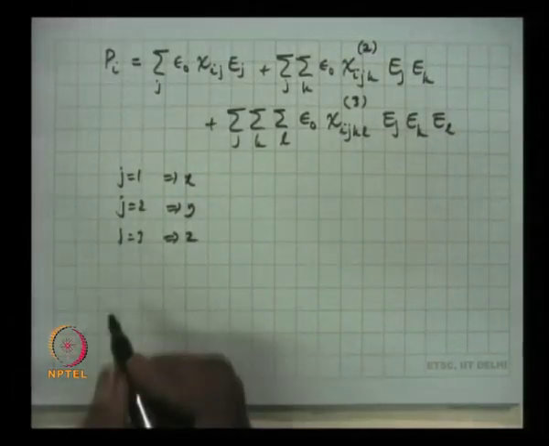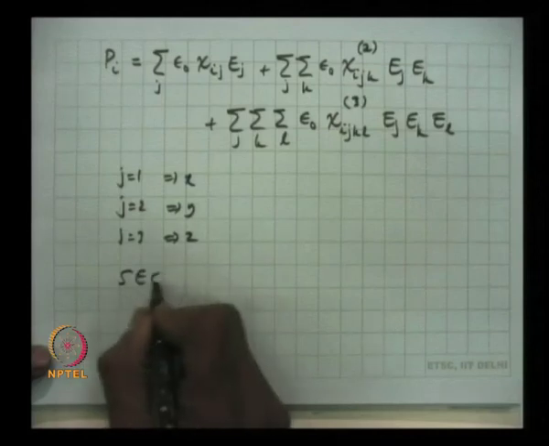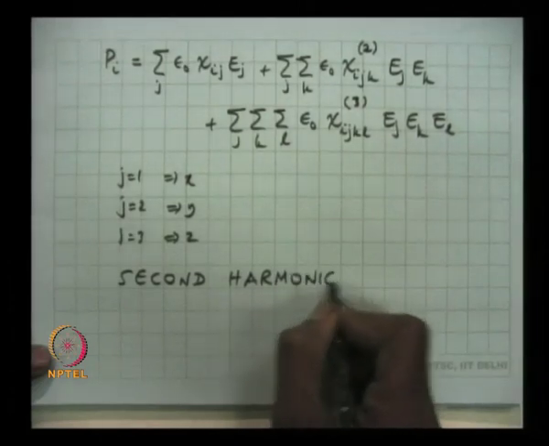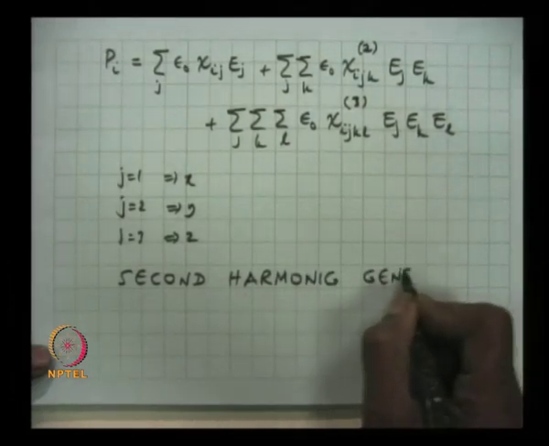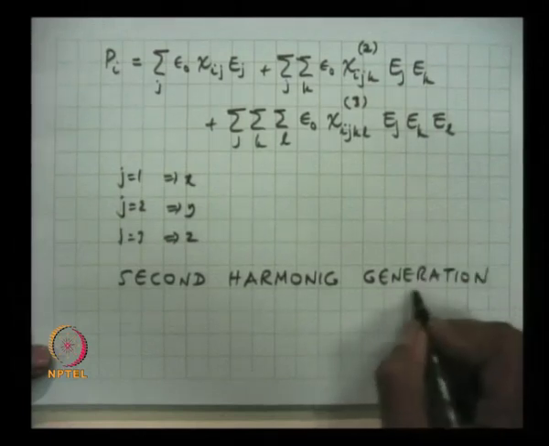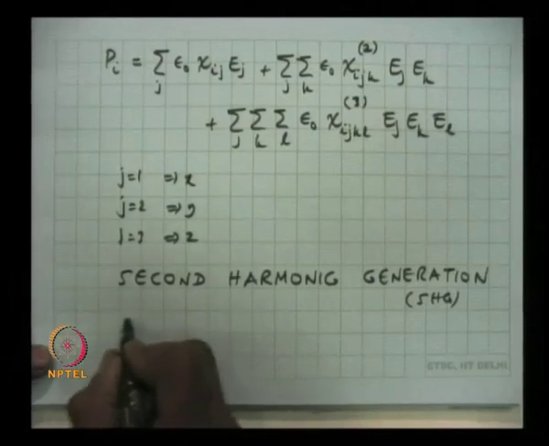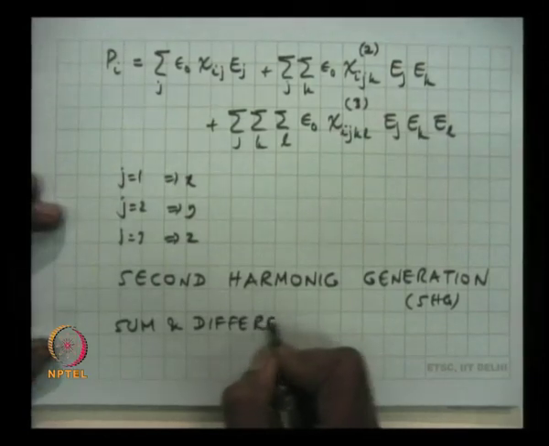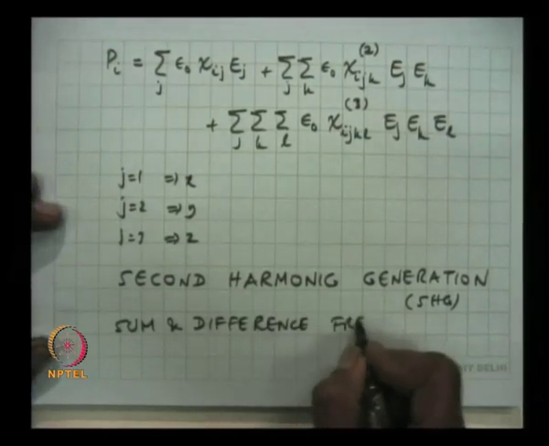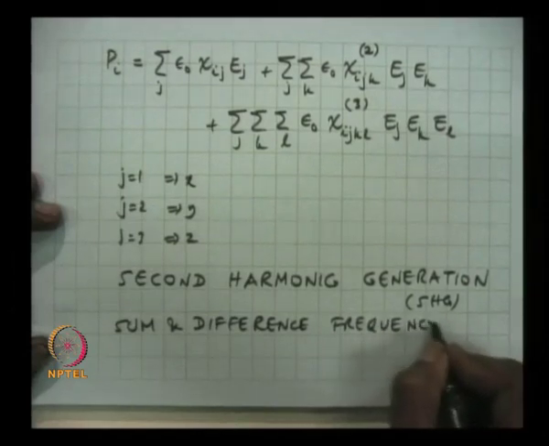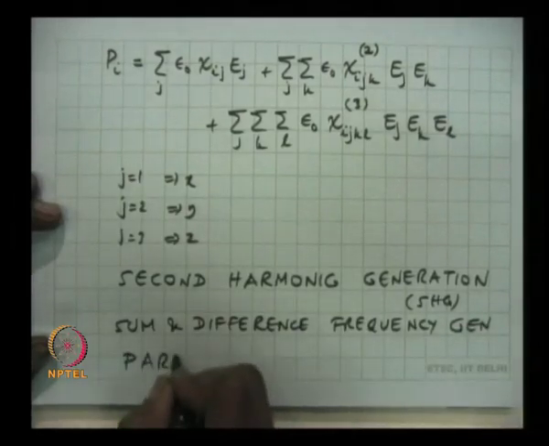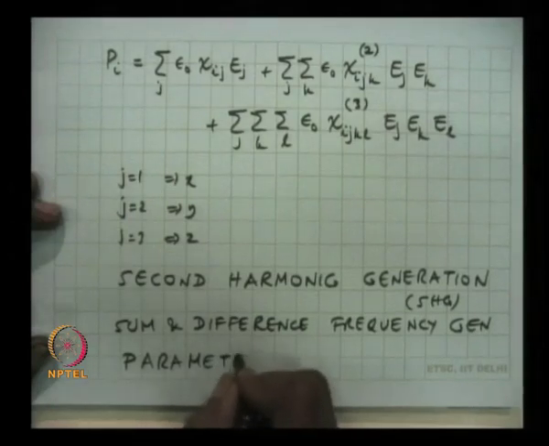So, second order effects are what we will discuss first, and in second order effects we will look at second harmonic generation, called SHG, sum and difference frequency generation, and something which is very interesting called parametric interaction.